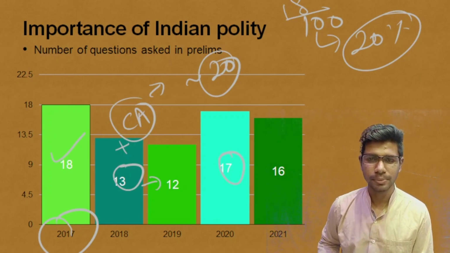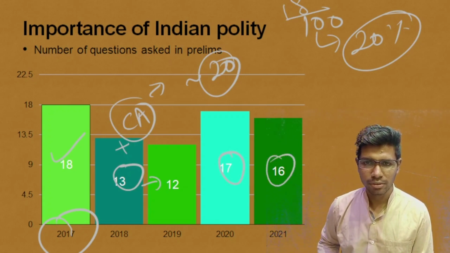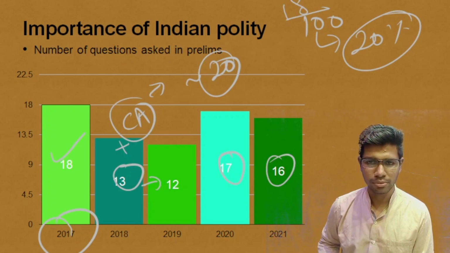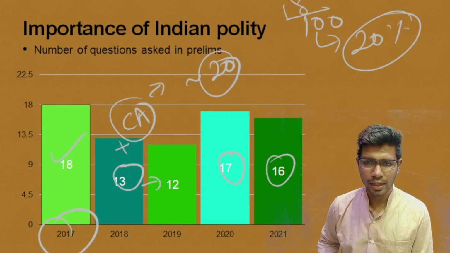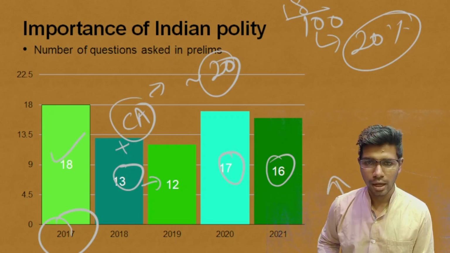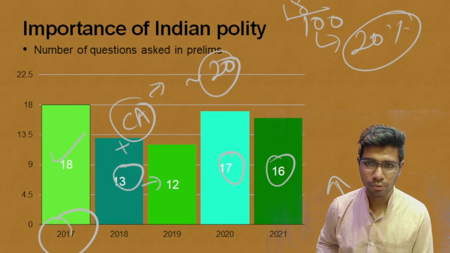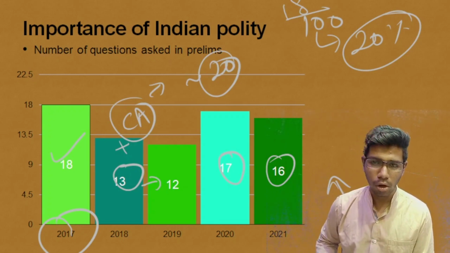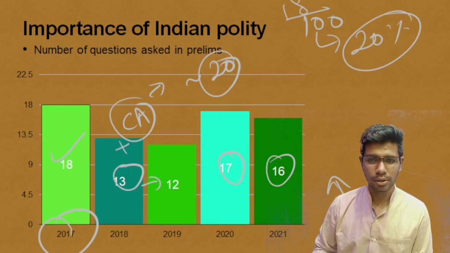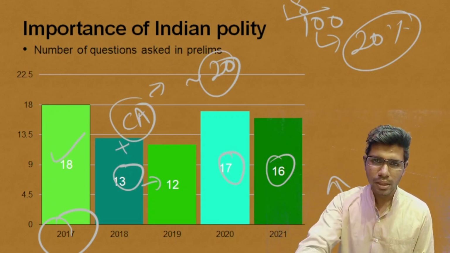The similar trend is reflected in 2021, and this year's prelims, as we are almost on the verge of appearing for it, we are very hopeful that the number will be maintained across this subject, making Indian polity all the more important for all of us to study.